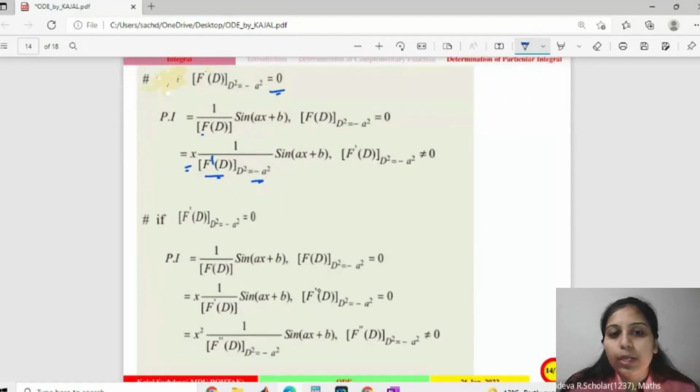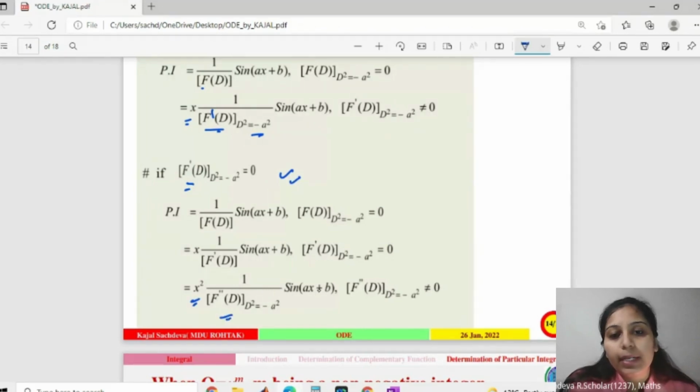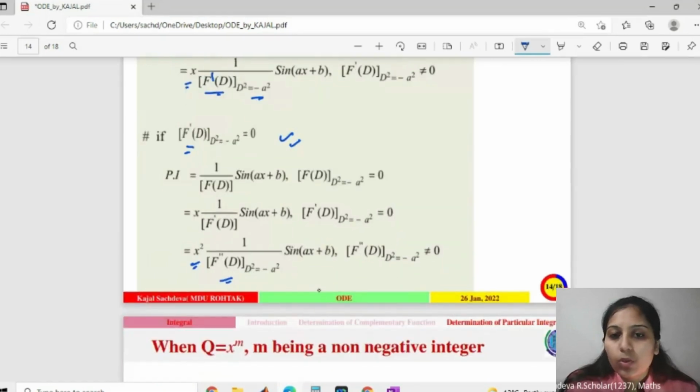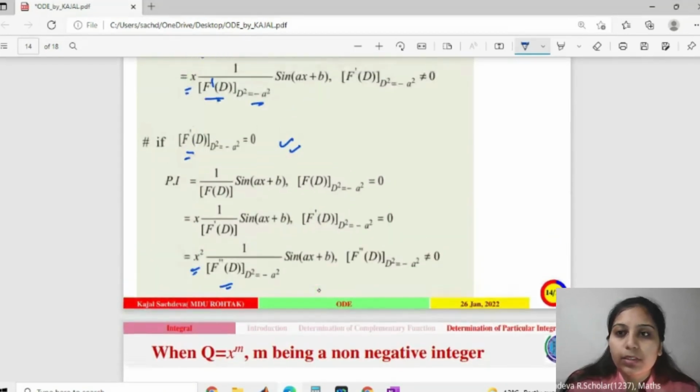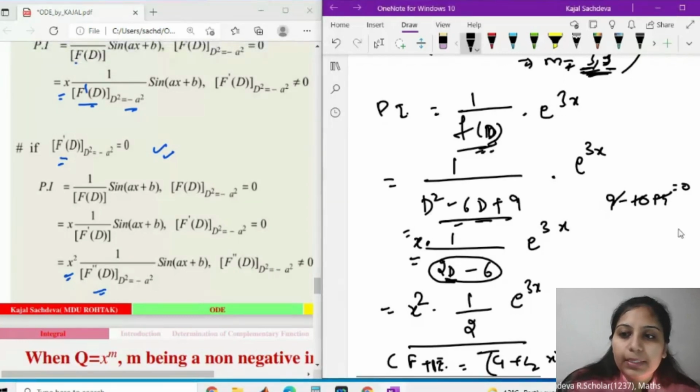When we have 0 again, when f dash D is also 0, again we take the derivative: x square by f double dash, D square minus a square, sin ax plus b. We are going to proceed with an example in this case.